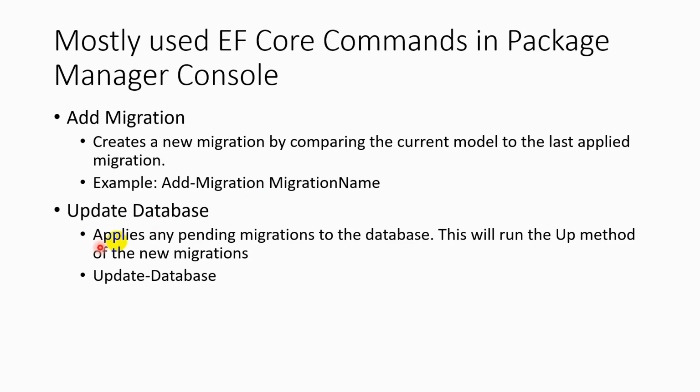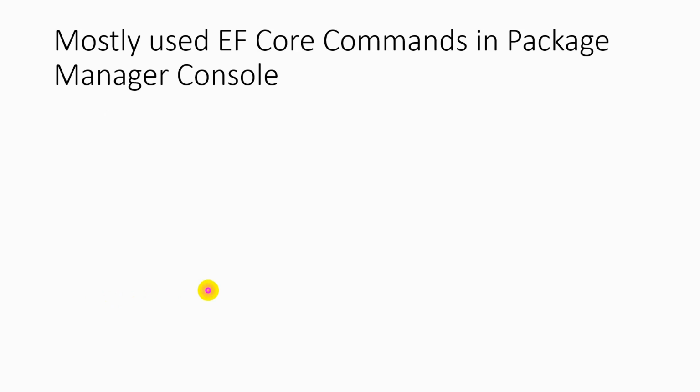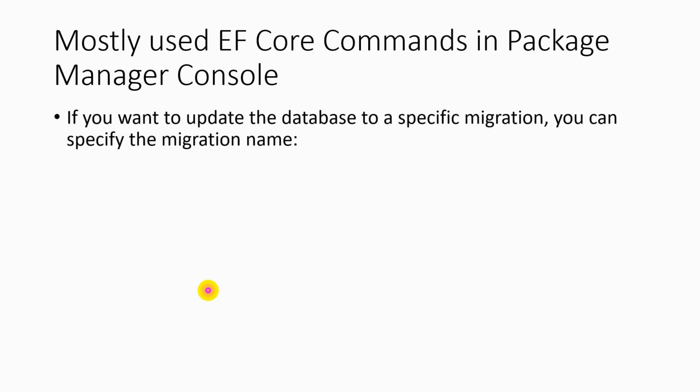And when we run the update database command, then this migration script is actually run on the SQL Server and the table is created or a new column is added to the table and so on. If you want to update the database to a specific migration, you can specify the migration name.